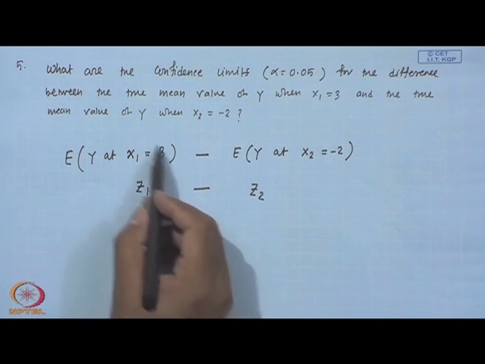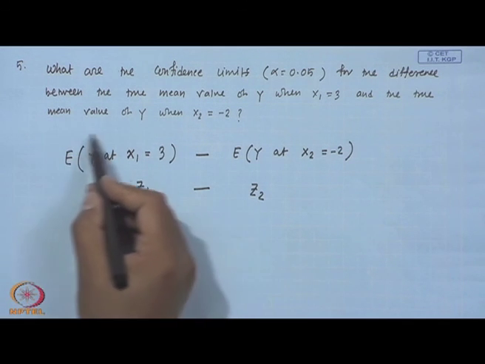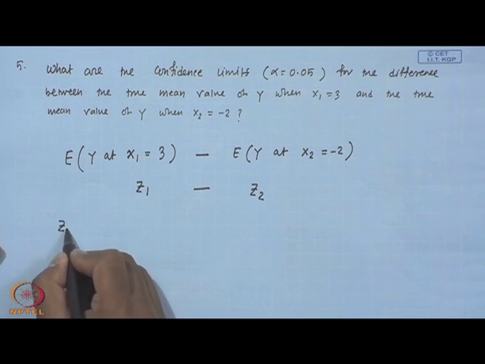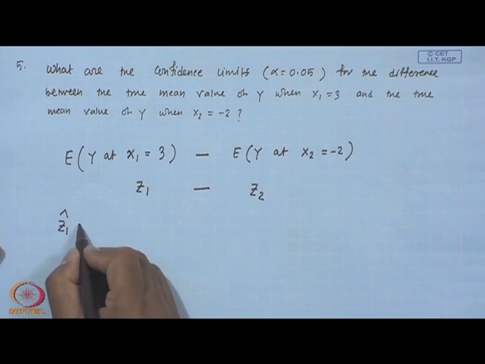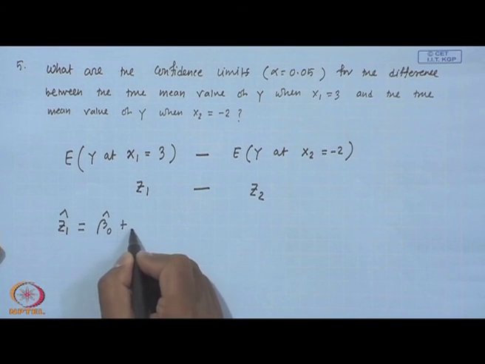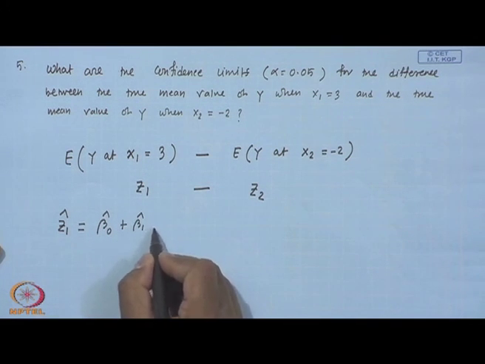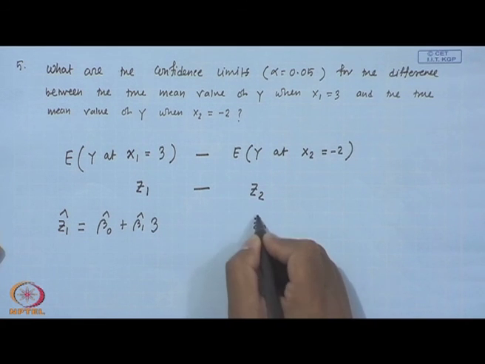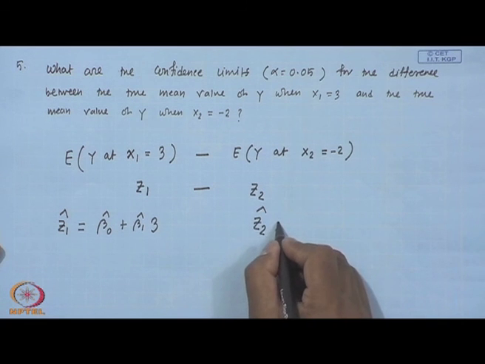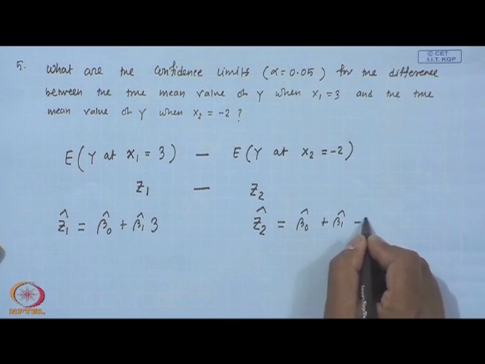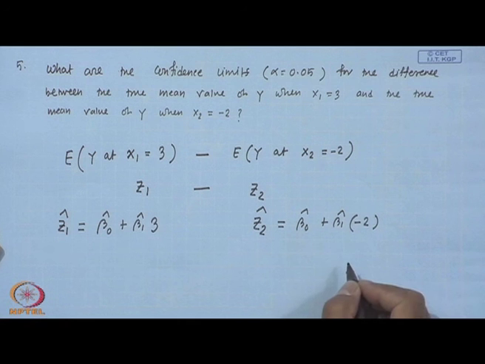Now, we know what the unbiased estimator for this one is. So, for simplification, the unbiased estimator for Z 1 is nothing but beta naught hat plus beta 1 hat x naught, sorry, here it is x 1. So, 3, and the unbiased estimator for Z 2, call it Z 2 hat, is equal to beta naught hat plus beta 1 hat into minus 2. Okay.